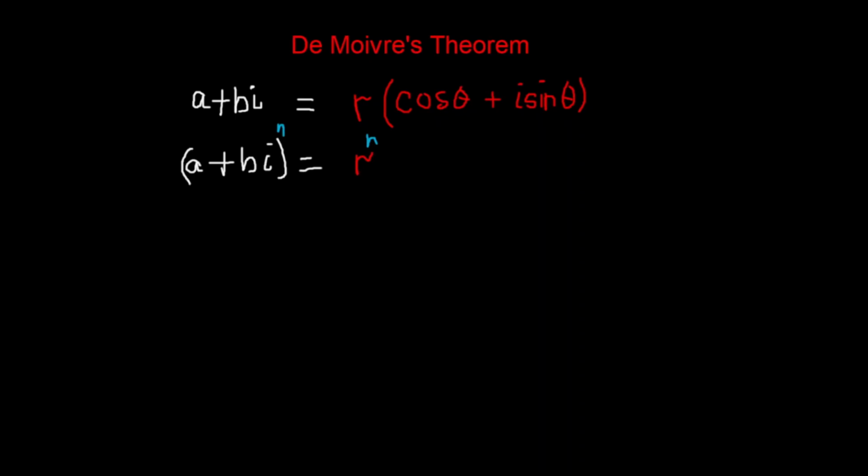We are raising the radius to the power n as well, times cosine n times theta plus i times sine n theta.